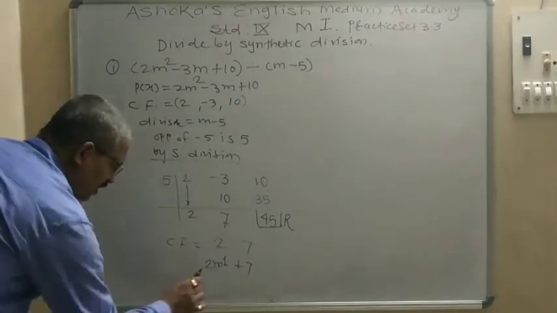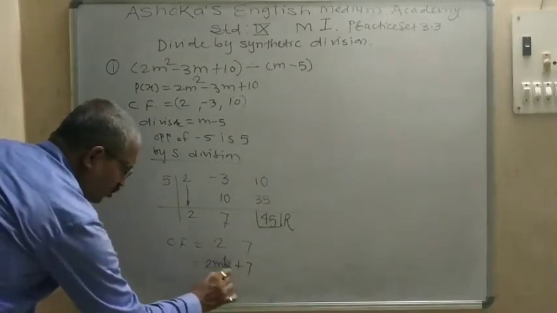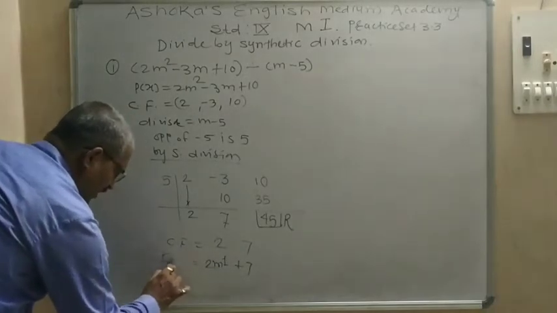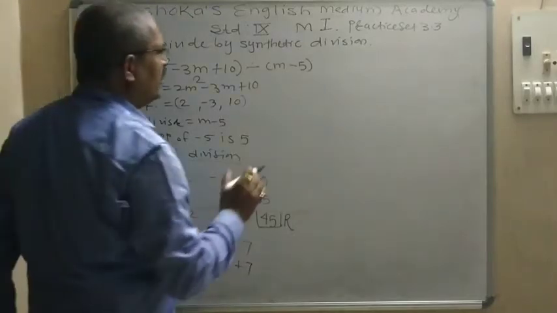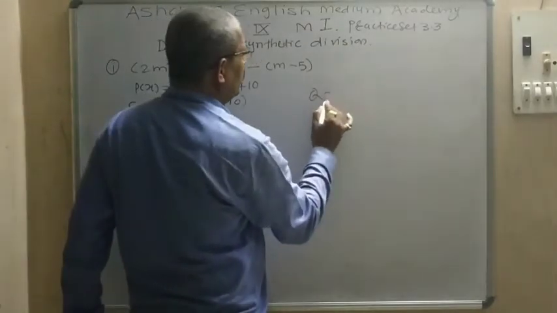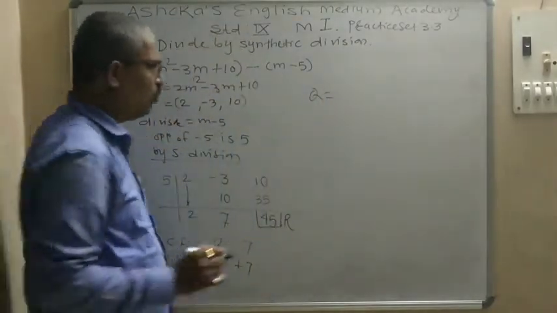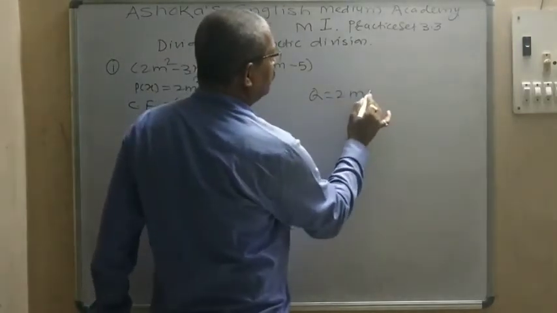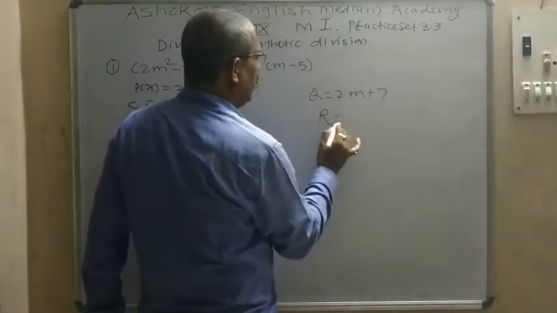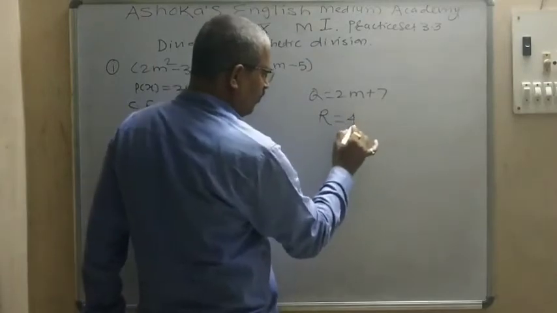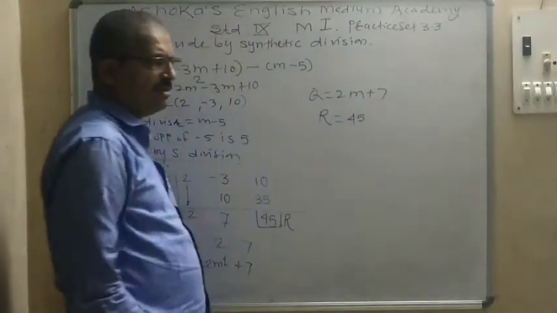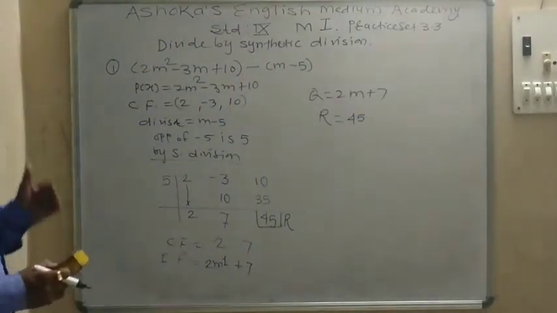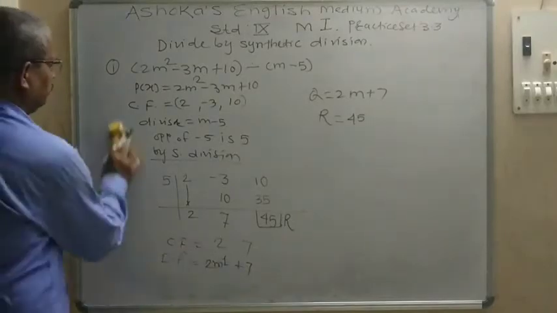Means what happened? 2m raised to 1 plus 7. It is index form. Therefore, what is the quotient? Quotient is equal to 2m plus 7 and the remainder is equal to 45. That is the answer.